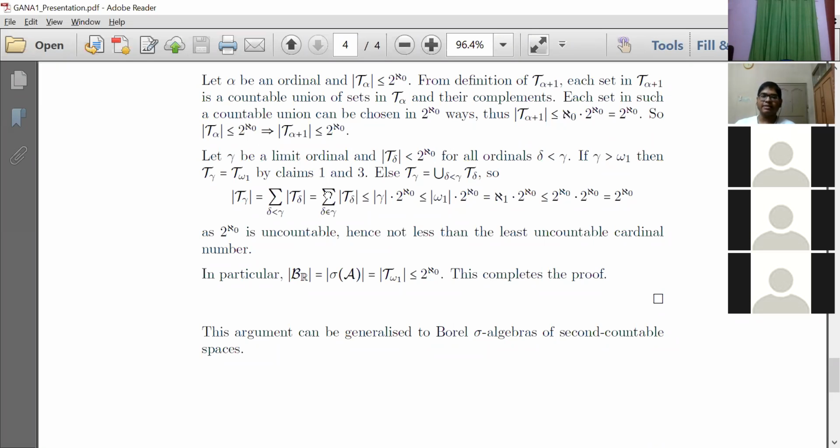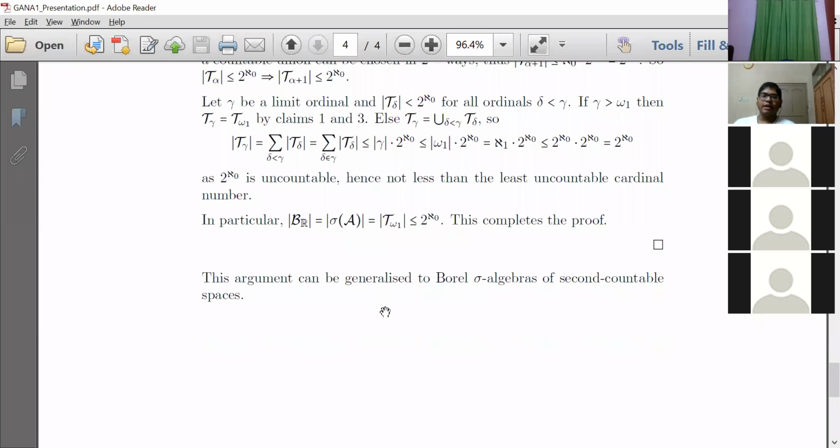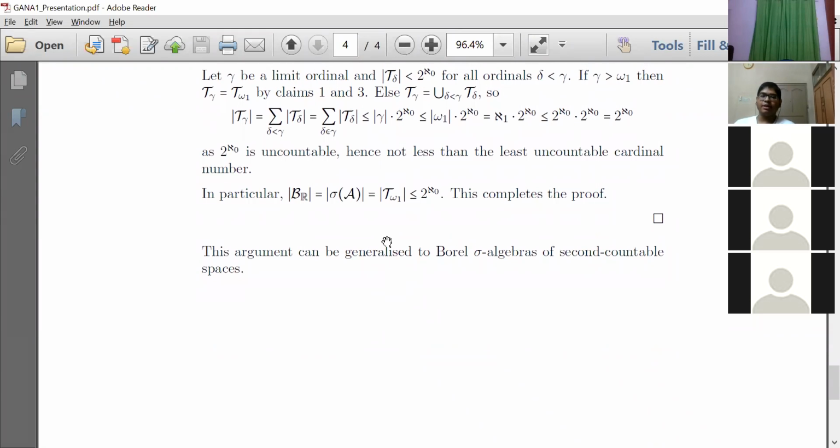So we have the successor ordinal case, and now finally for the limit ordinal case, let gamma be a limit ordinal, and the cardinality of T of delta is less than or equal to 2 to the power aleph naught for all ordinals delta less than gamma.